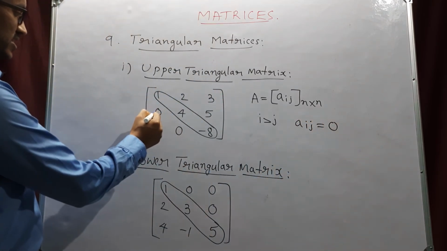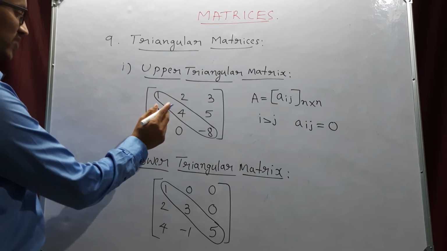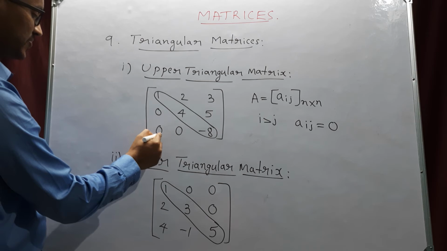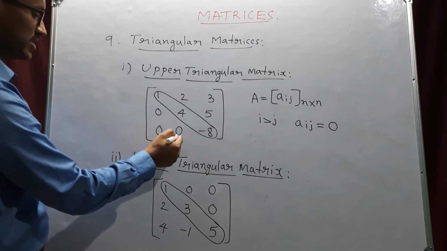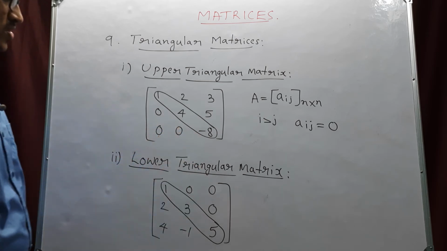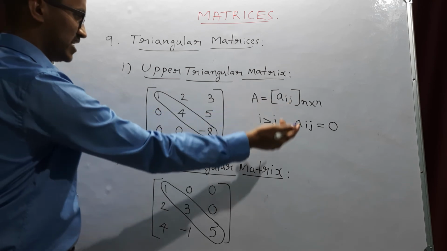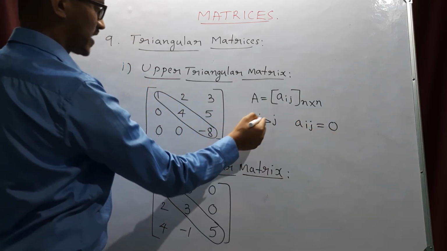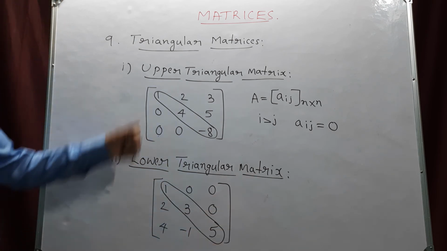See here, A21 is 0 because 2 is greater than 1. Similarly A31 is 0, A32 is 0. So whenever in a square matrix Aij equals 0 for i greater than j, we call it an upper triangular matrix.